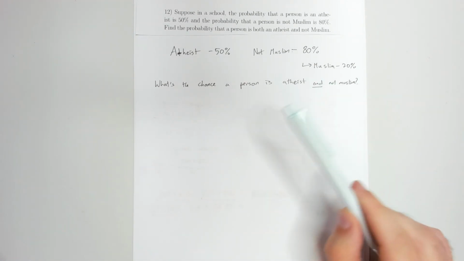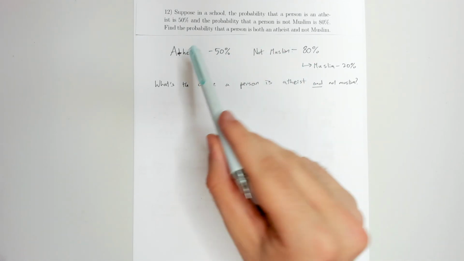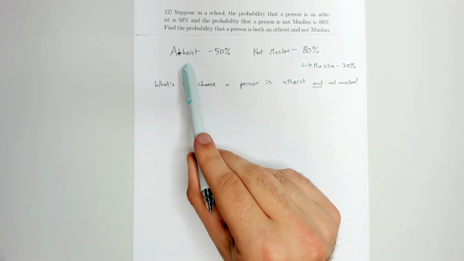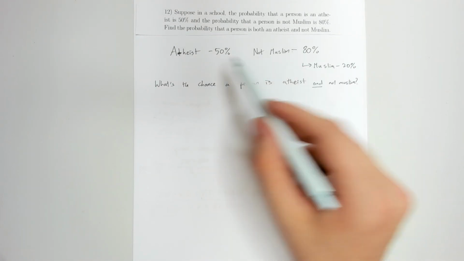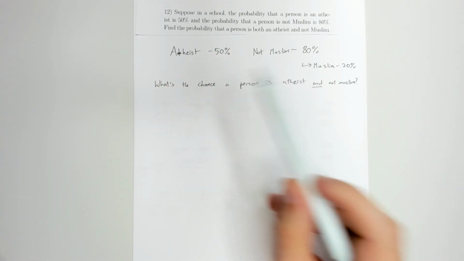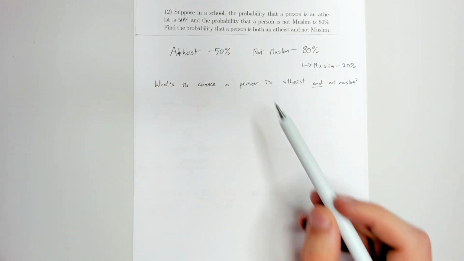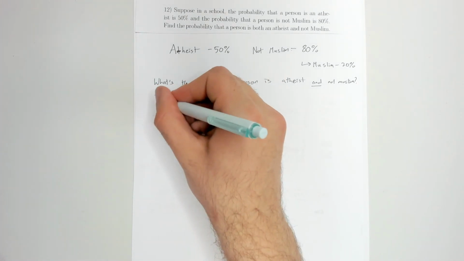However, are these independent events? Well, the answer is no, because if you're an atheist, well, atheists don't believe in God, right? But Muslims do. So if you're an atheist, you're automatically not a Muslim, which means that these are not independent events. Being an atheist directly means you're guaranteed not to be Muslim.